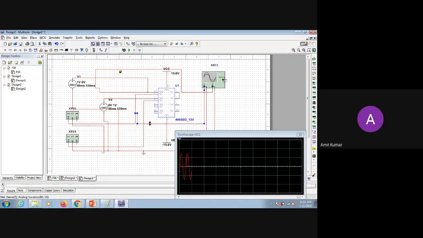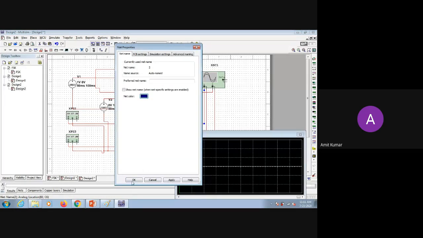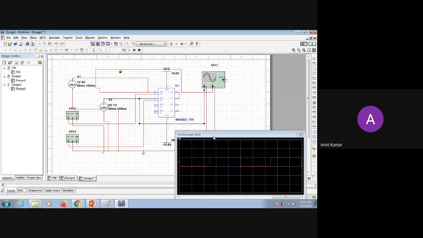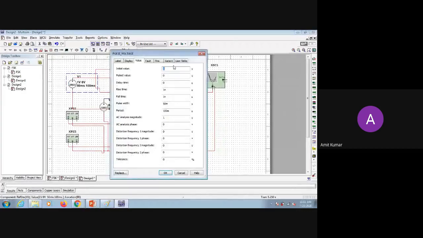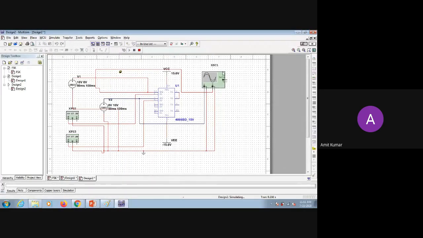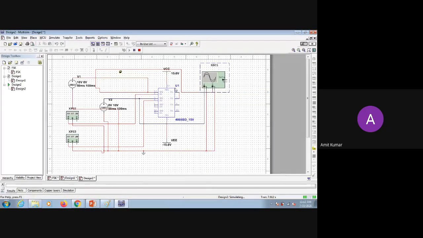So we are getting the output that we expected. Okay. So both the inputs are right now working properly.